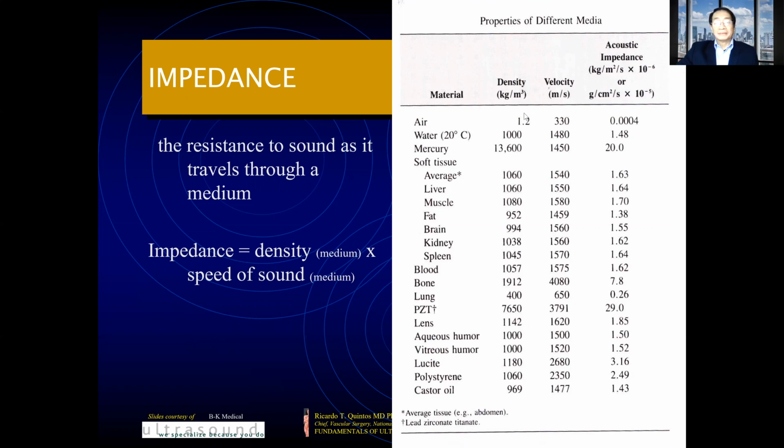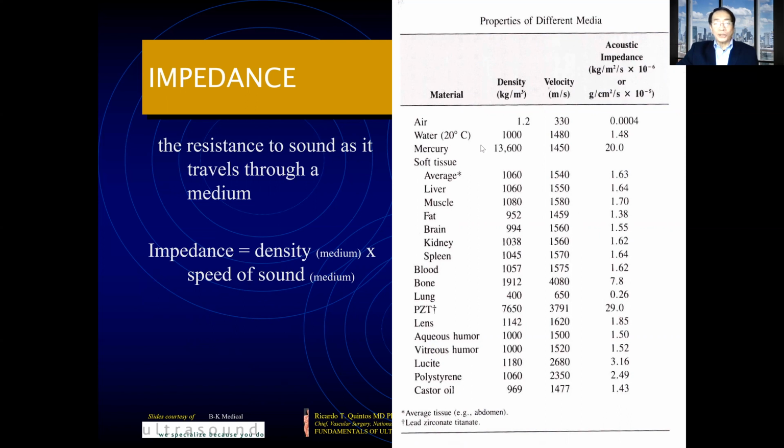For air, which has a density of about 1.2 kilograms per cubic meter, the velocity of sound in air is about 330 meters per second, and the acoustic impedance of air is very, very low at 0.0004 grams per square centimeter per second.